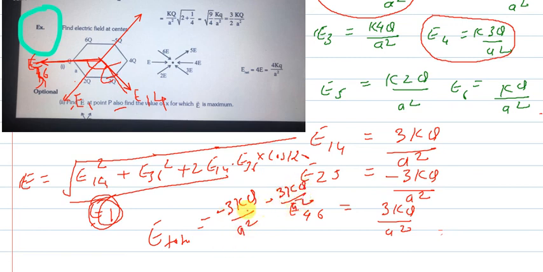So you will get minus, this is not minus kq, sorry, this is kq. So you will get minus 4kq upon a square. This is your answer. Simply, vector is most important. Okay, thank you.